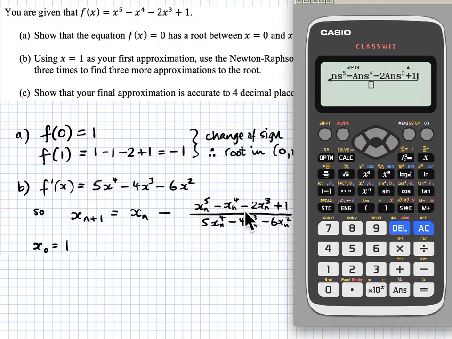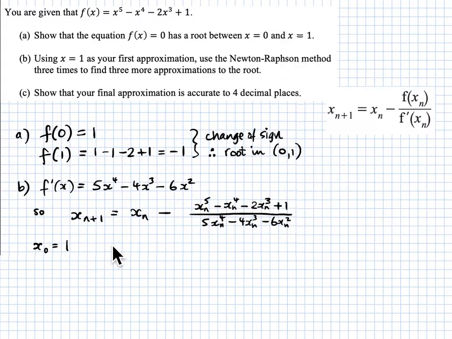So that's f of x on the top. On the bottom, 5 ans to the 4 minus 4 ans cubed minus 6 ans squared. Okay, and I just hit equals, and it gives me my x1, 0.8.